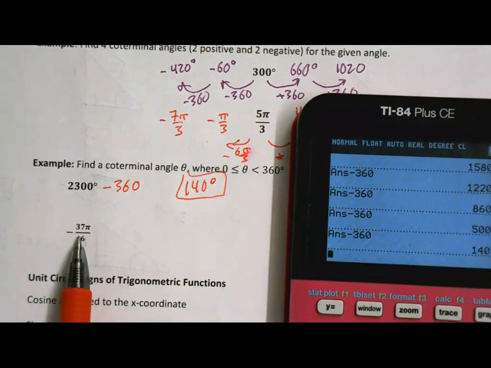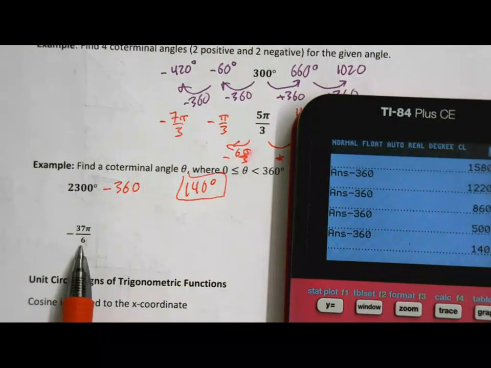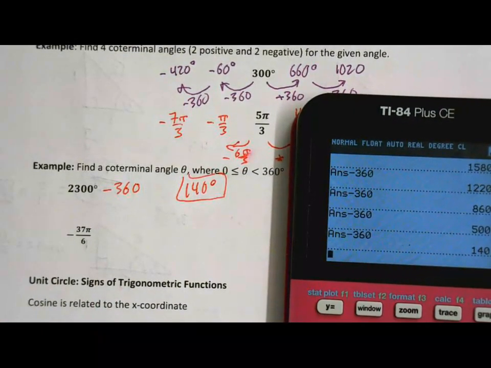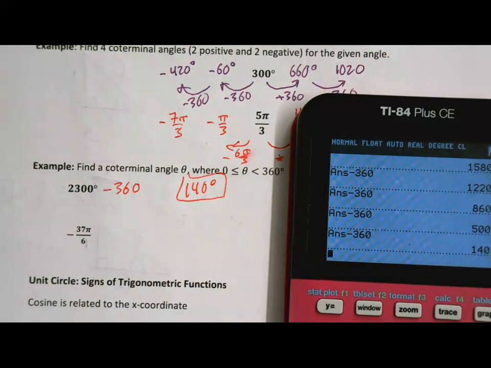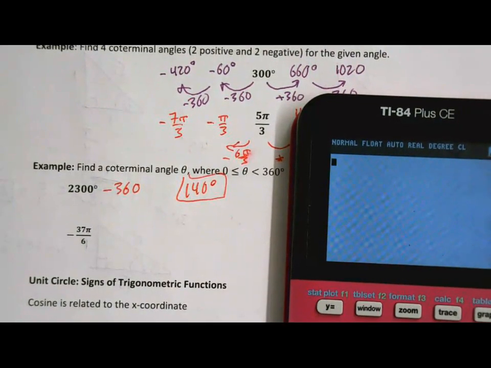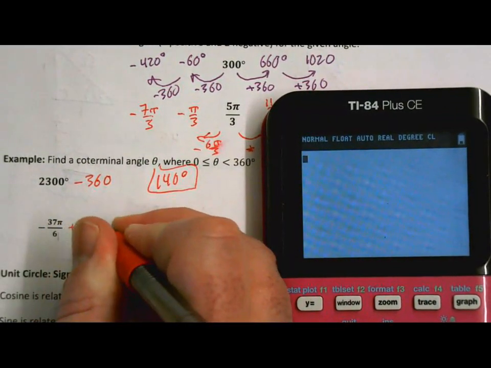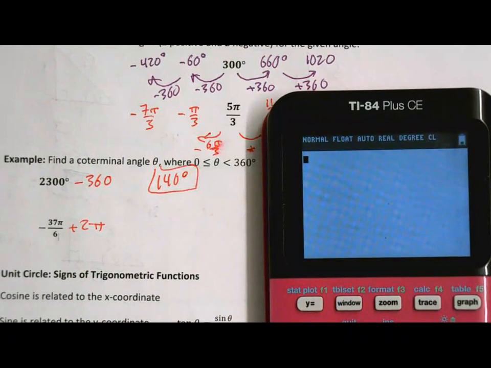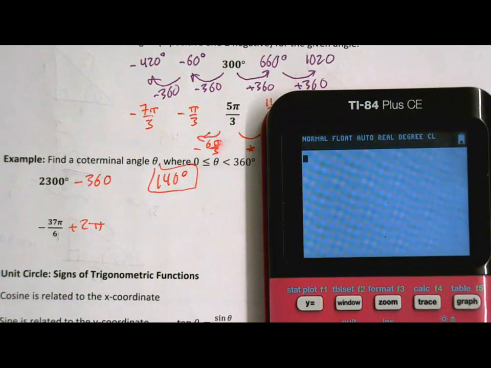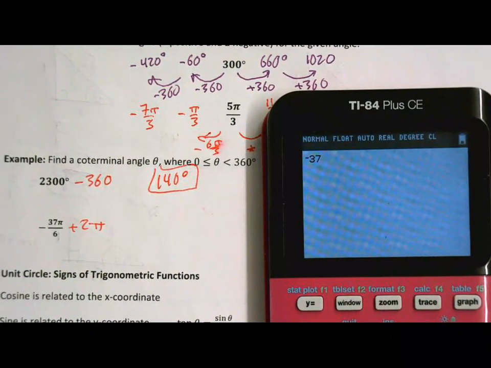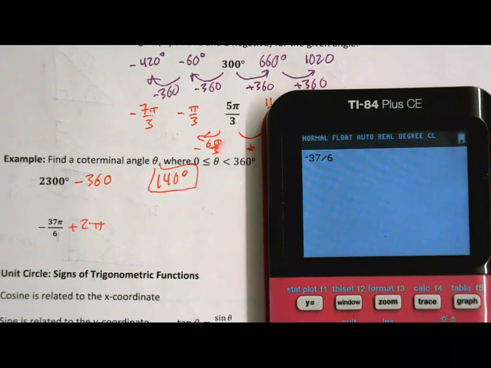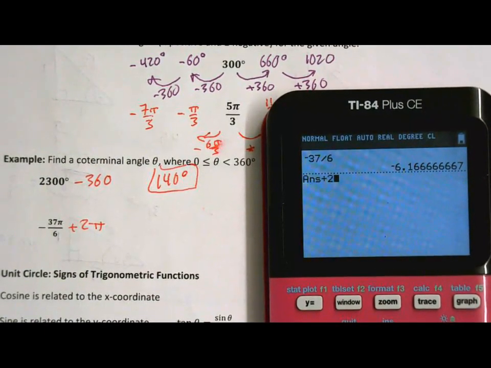For this, I'm going to do negative 37 over 6, and I'm going to be adding and subtracting 2 pi's. So for this one, kind of the same idea. I'm going to add this time. So I'm going to add 2 pi's. And I'll show you my kind of cheap way to do this in the calculator. I'm going to do negative 37 over 6, hit enter. Then I'm going to type plus 2 math frac.